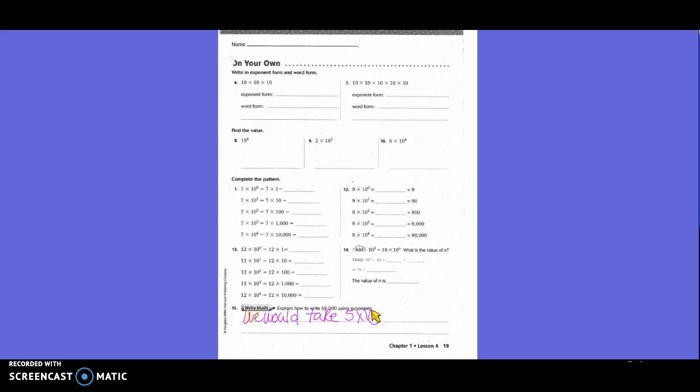And then what exponent are we going to have there? 4, because we have how many zeros? 4. We take 5 times 10 to the 4th because we have 4 zeros. So our exponent would be to the 4th power.